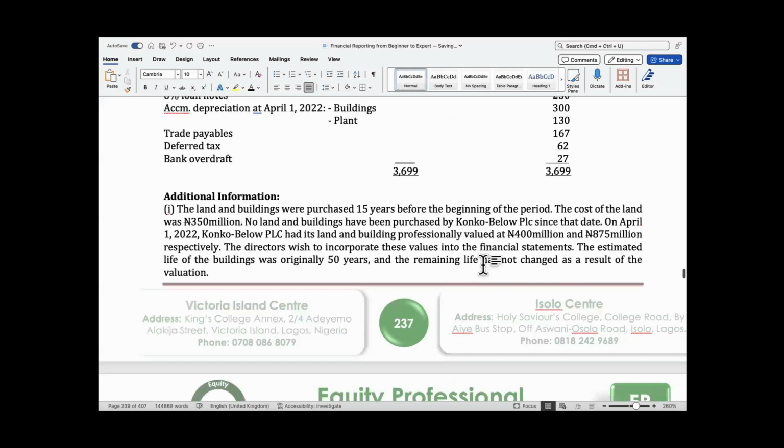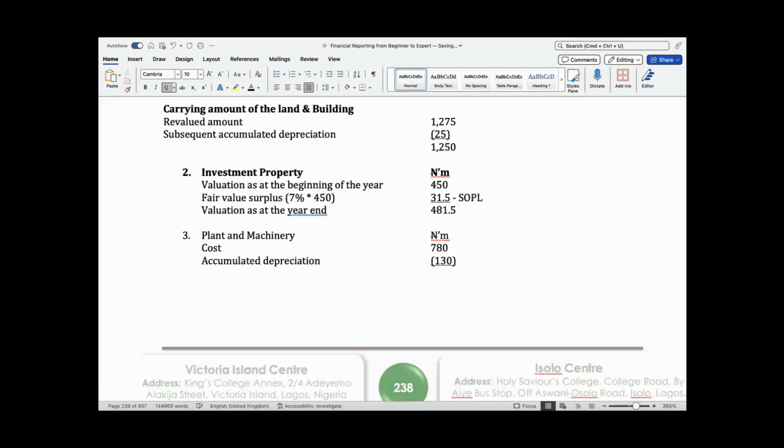So that means my carrying amount will be how much in this case? 650. Then that means my depreciation charge for the year, using a depreciation rate of 15%.